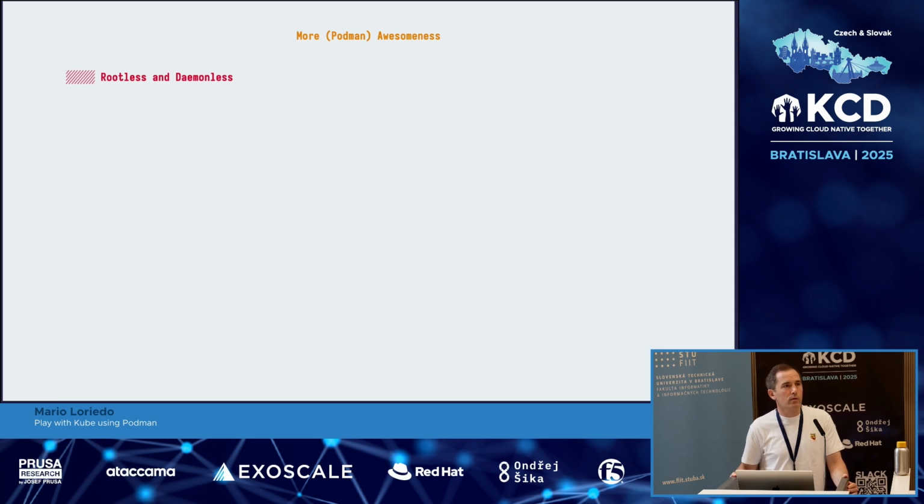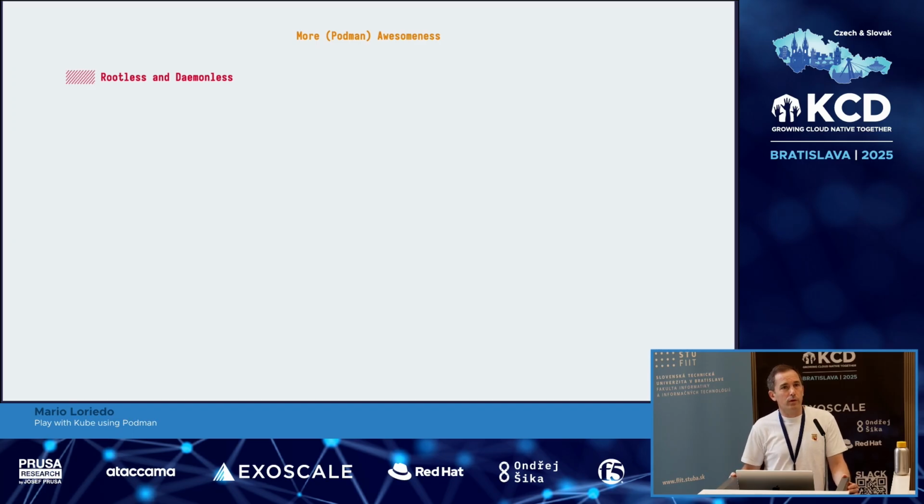For example, on Windows and on macOS, this is by default. We run Podman in a virtual machine, and it's running as a daemon. And so on Windows, there is a Windows client that will interact with the service running in the Podman machine, and then on macOS the same thing.